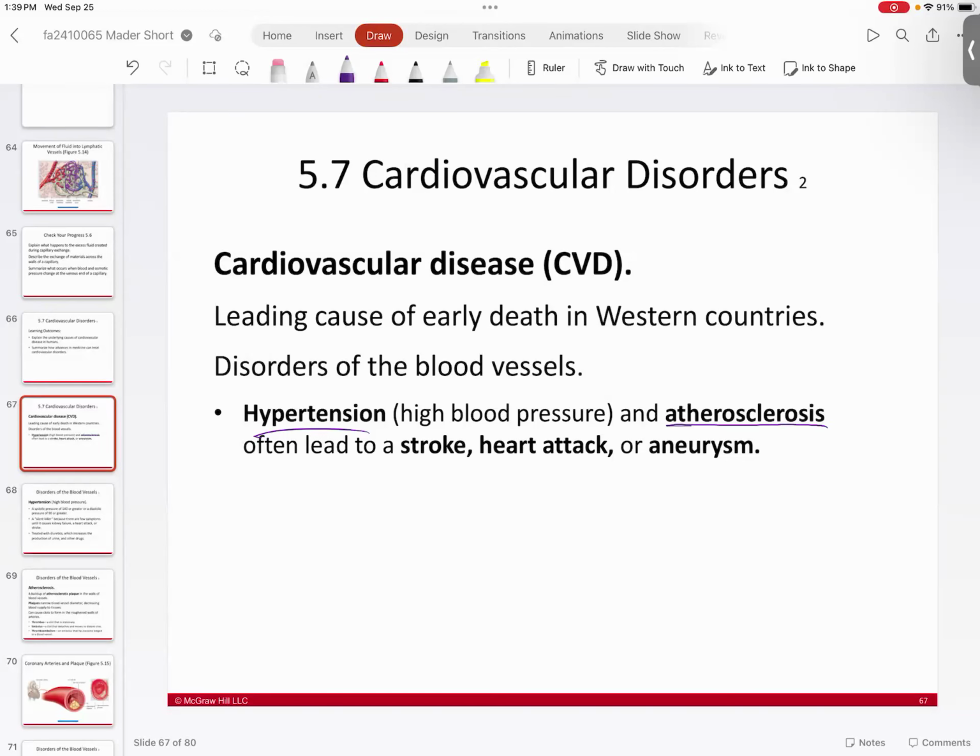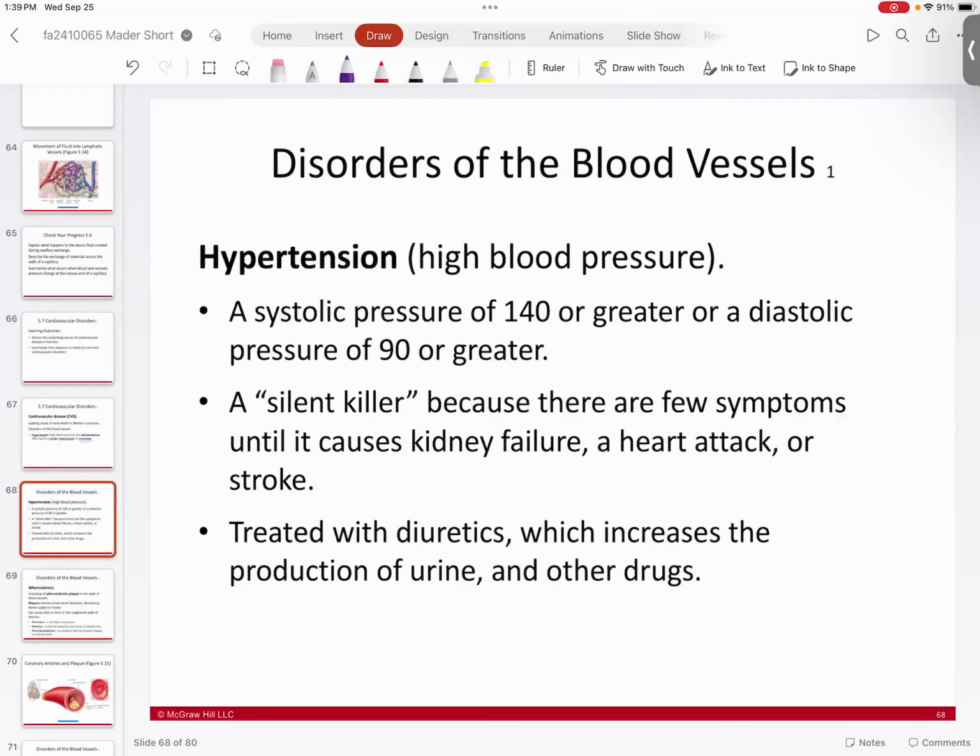The reason these are a concern is because both hypertension and atherosclerosis can lead to stroke, which is deprivation of blood to the brain, heart attack, which is deprivation of blood to the heart, or an aneurysm, which is essentially the bursting of a blood vessel due to pressures and weakening of the wall. So let's take a look at hypertension first.